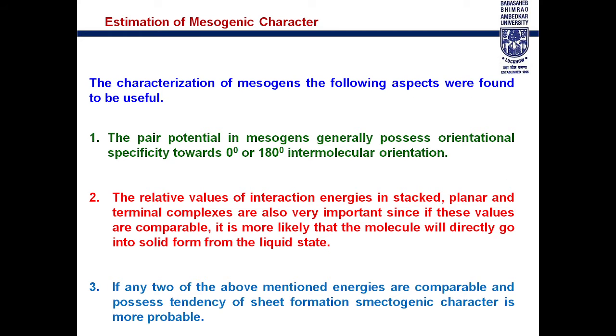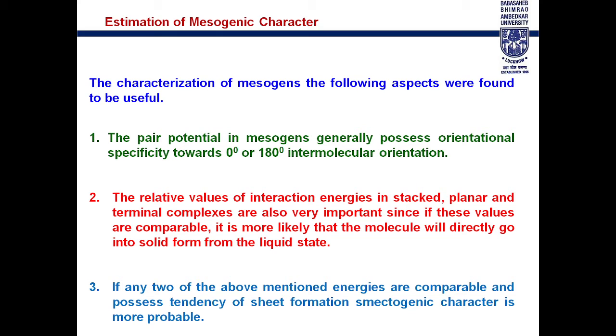For the characterization of mesogens, the following aspects were found to be useful. First, the pair potential in mesogens generally possesses orientational specificity toward 0 or 180-degree intermolecular orientation.